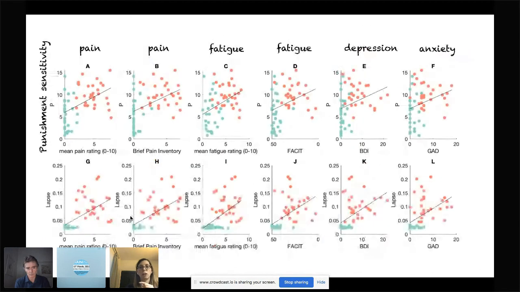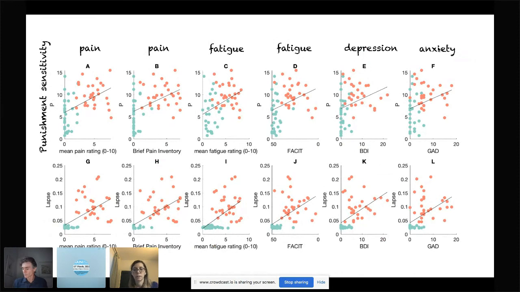And this is actually clinically relevant, because if you correlate punishment sensitivity and attentional lapses to the key clinical measures of pain, fatigue, depression, anxiety, it actually predicts clinical outcomes.